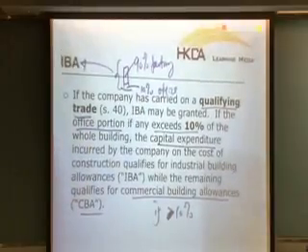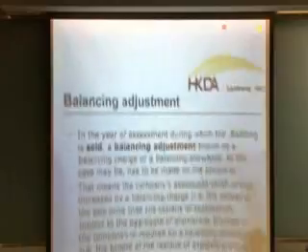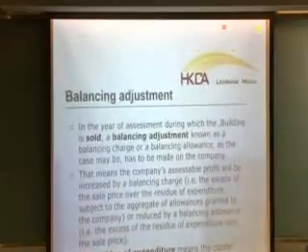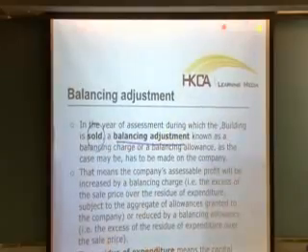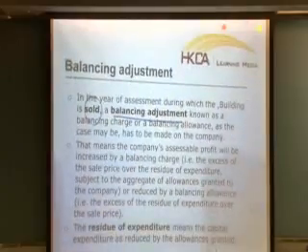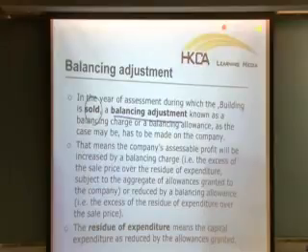All right. Then if you dispose the building, you need to calculate the balancing adjustment. When you dispose, you need to calculate the balancing adjustment. Why is that? If you claim like CBA, IBA, for IBA, how many years you need to claim all the allowance? 20 years. The first year is 20% plus 4%.